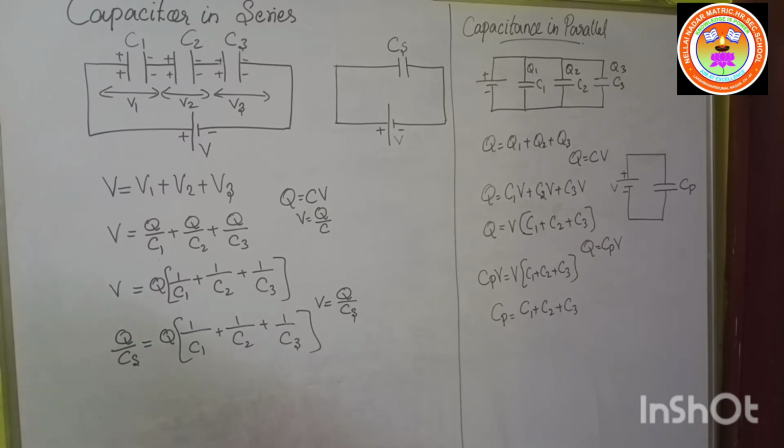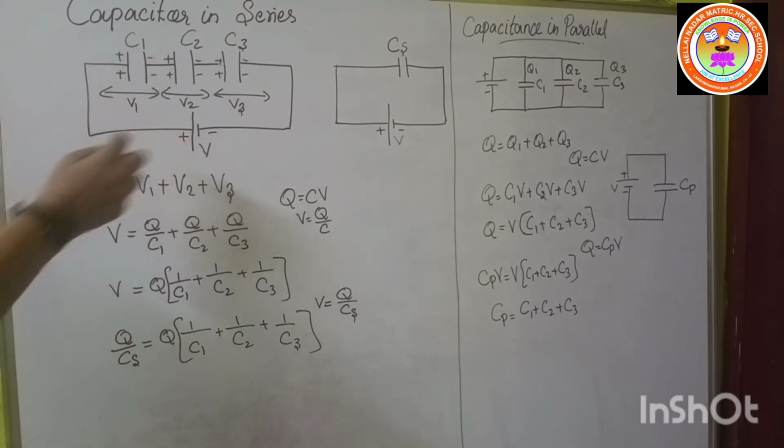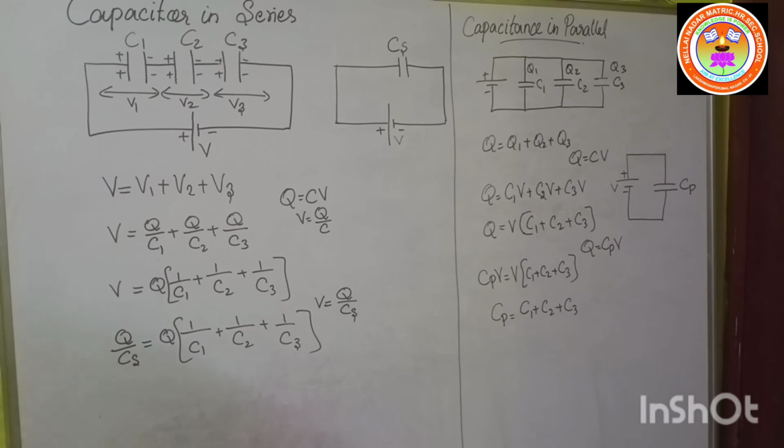At the same time, the electrons of minus Q are transferred from the left plate of C1 to the positive terminal of the battery. So the negative electrons are attracted to the positive terminal of the battery. Like this the process goes on with the same amount of charge.